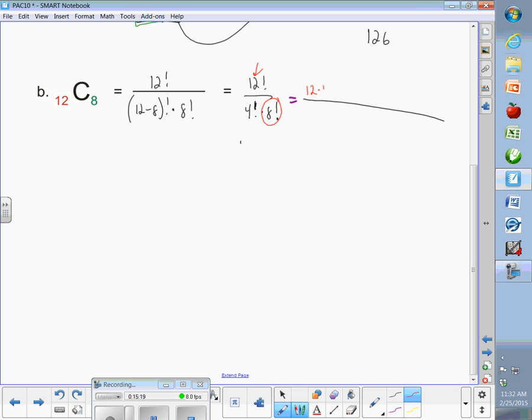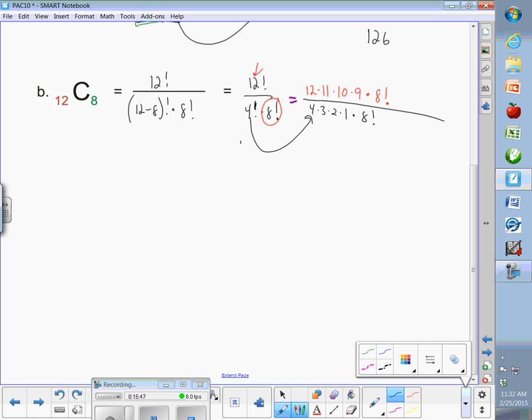I'm going to do 12 times 11 times 10 times 9. But when I get to the 8, what's on the bottom, I'm going to write 8 factorial. Okay? What's the bottom? Take the front factorial, write it out. 4 times 3 times 2 times 1. And then don't forget, times the 8 factorial.